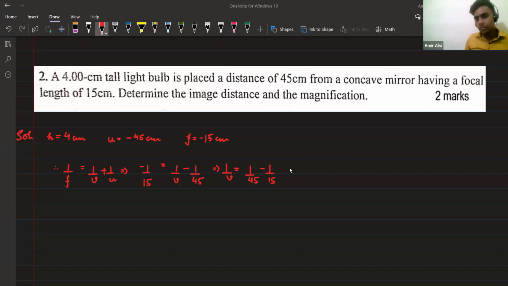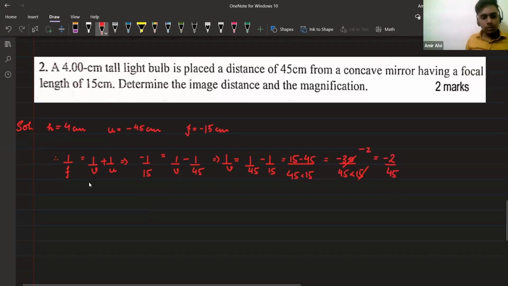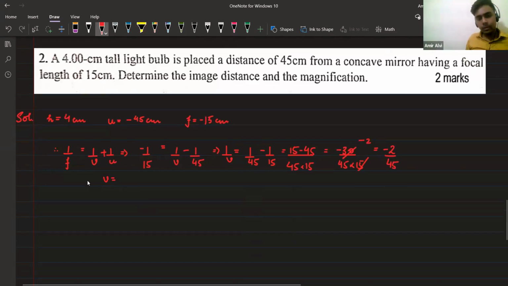So that is cross multiplication: 15 minus 45 divided by 45 into 15 is negative 30 divided by 45 into 15. This will cancel this negative 2 times. So it is coming out to be 2 by 45. So V is coming out to be negative 45 by 2 centimeter.